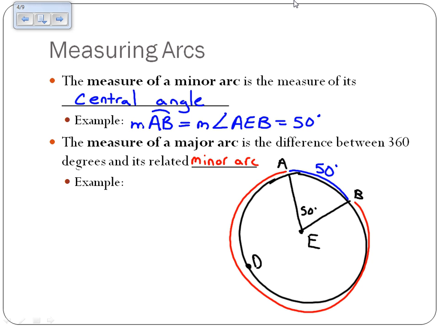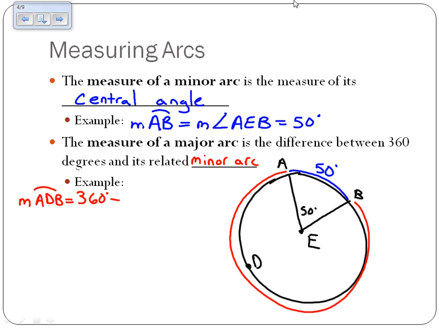So that means that the measure of my major arc, how would I name that arc? Ariel, please pay attention. How would I name that arc, Nicole? The major one? ADB, good. It's going to be equal to 360, which is the whole circle, minus the piece we've already taken out of it.